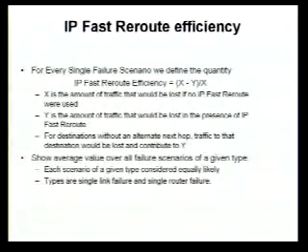So what we really want to know is, for a given failure scenario, we define X as the amount of traffic that will be lost if we did not do fast reroute. And Y is the amount of traffic that would be lost if we did do fast reroute, that is the case where we do not have a feasible alternate next hop. And the efficiency will be the amount of traffic that is saved divided by the total amount of traffic that could potentially be lost: (X minus Y) over X.